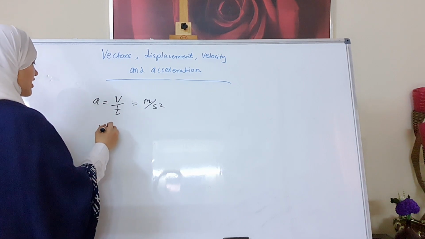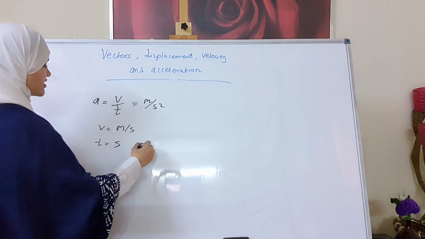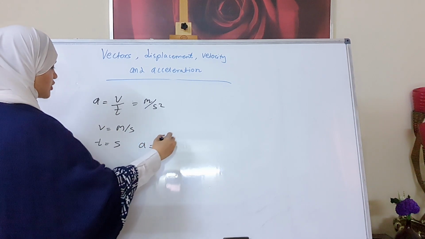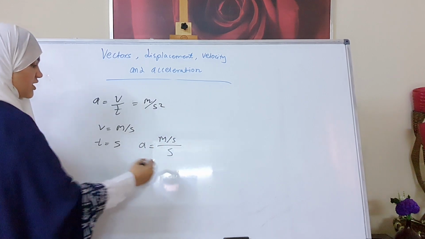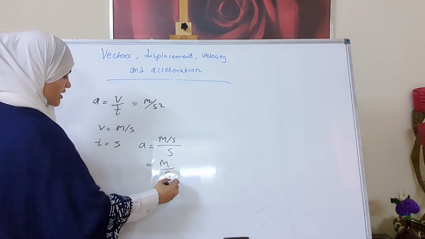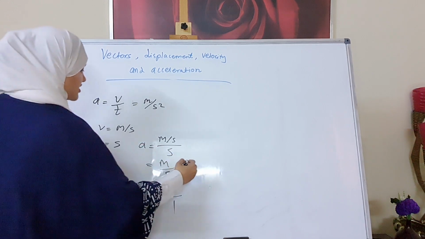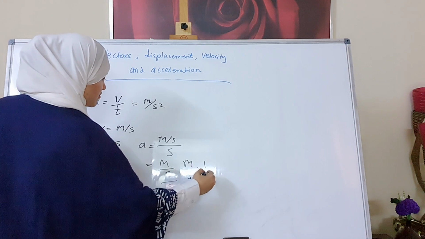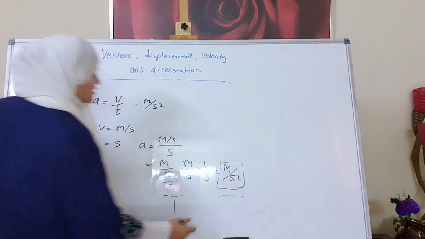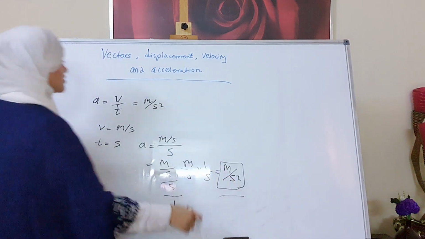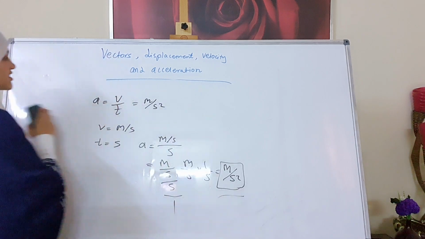Because velocity is already meters per second and time is seconds. So a is equal to meters per second over second, which means meters per second times 1 per second, which is meters per second squared. So that was the unit of acceleration.